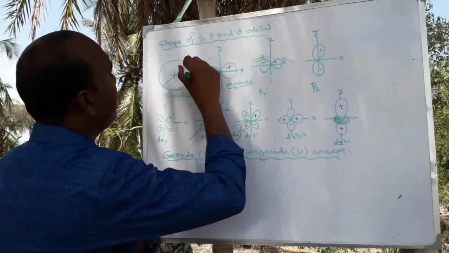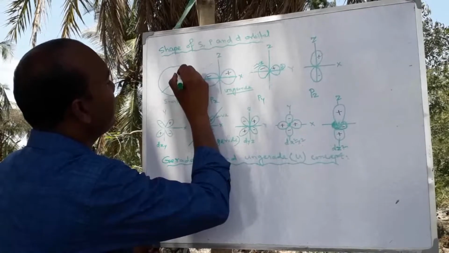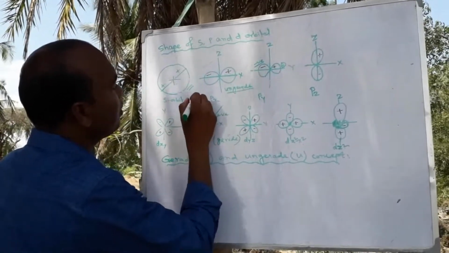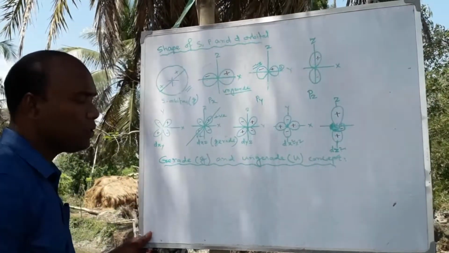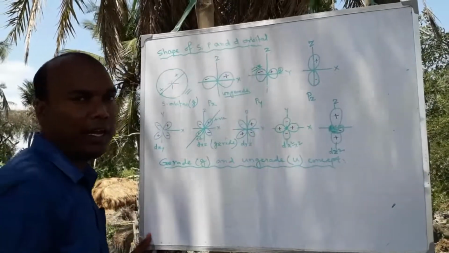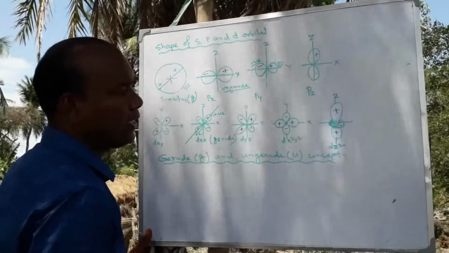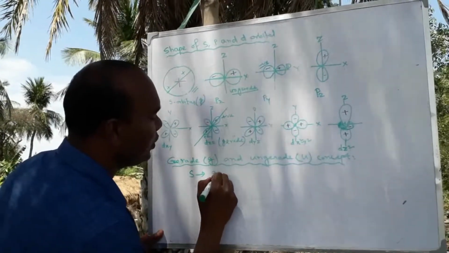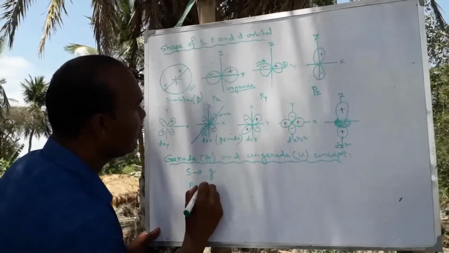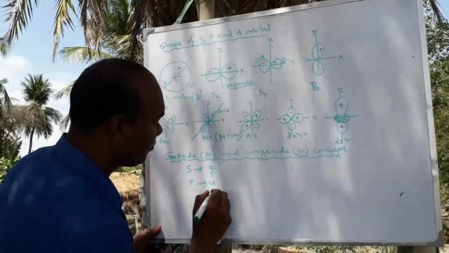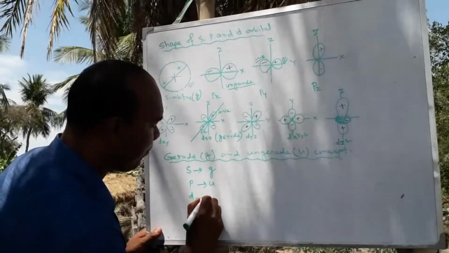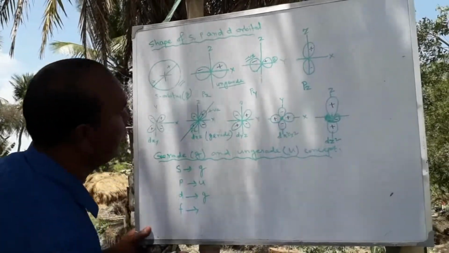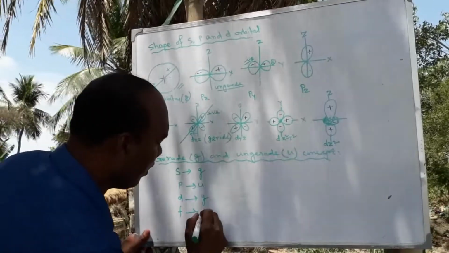If you imagine a straight line in any direction, then you see here the wave function is plus, and here also the wave function is plus. So this is also a gerade orbital. This way you can predict which orbital is gerade and which is not. Simply, the s orbital is gerade, the p orbital is ungerade, and the d orbital is gerade. If you look at the f orbital, that will also be an ungerade orbital.